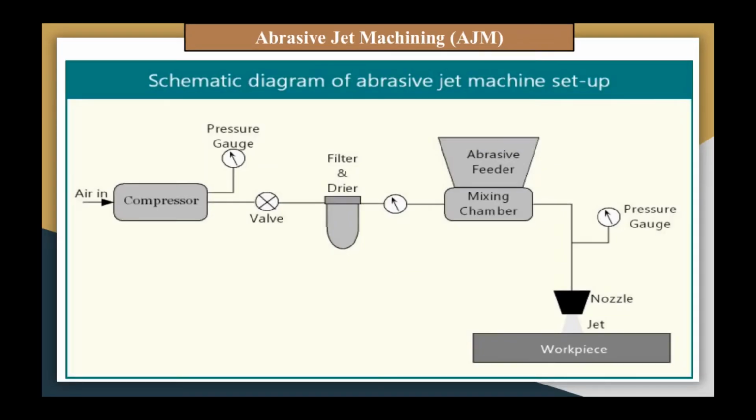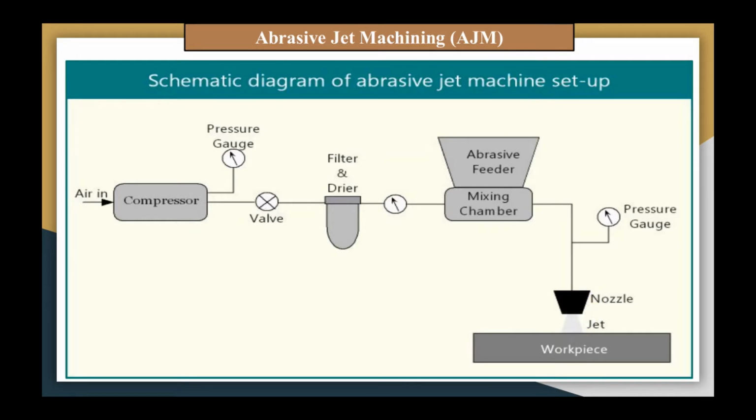First, we'll take the overview of the working principle of AJM. In abrasive jet machining, abrasive particles are first mixed with compressed gas at a predefined mixing ratio, and this mixture is then directed towards the workpiece in the form of a high velocity jet by means of a nozzle. The small diameter nozzle converts the pressure energy of the air abrasive mixture into kinetic energy, and thus a high velocity jet is obtained.